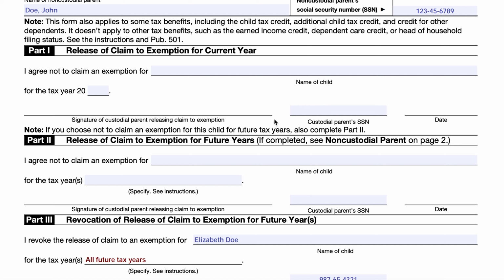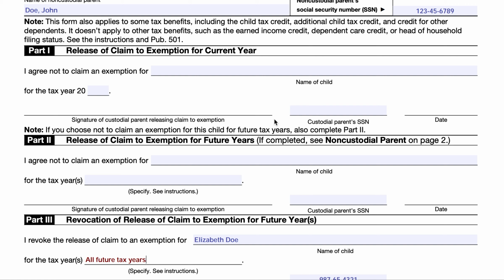So another question that I've frequently gotten is, what kind of tax benefits are you able to transfer? Generally speaking, the tax benefits are the ones that correspond with the status of claiming an exemption. So the child tax credit, the additional child tax credit, and the credit for other dependents are tax benefits that can be transferred based on IRS Form 8332.